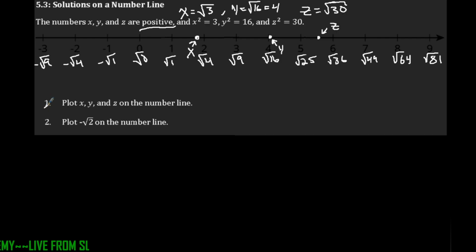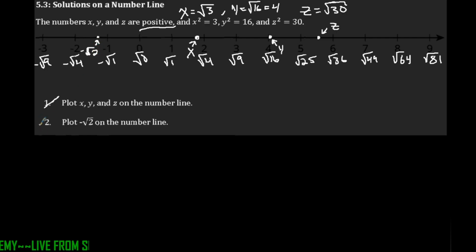So we did part 1, and for part 2, it says plot the negative square root of 2. So I have to now move to the left. The negative square root of 2 is going to be in between negative 1 and negative 2. So I'm going to place that right here and say it's negative square root of 2.